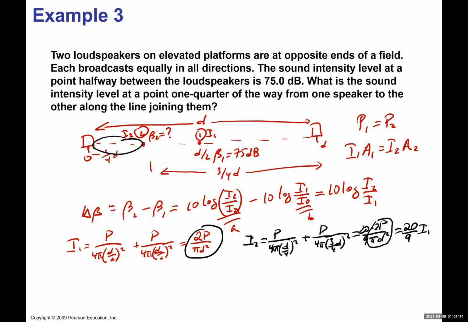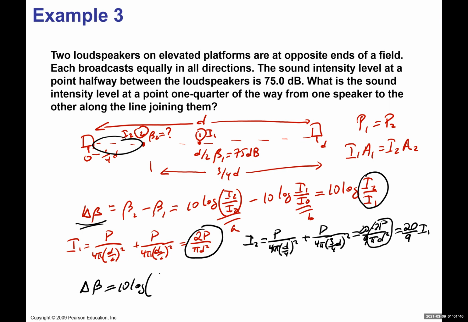So that means writing intensity 2 in terms of intensity 1. Remember, there's a ratio. We didn't have to, but it's easy. It will make it easier later on when we start canceling things. If I come back to this equation again, delta beta equals 10 log I2 over I1.